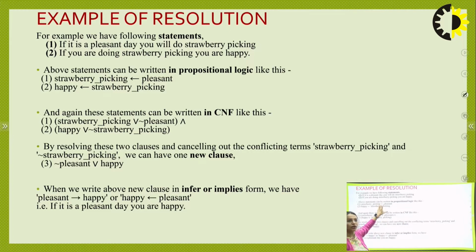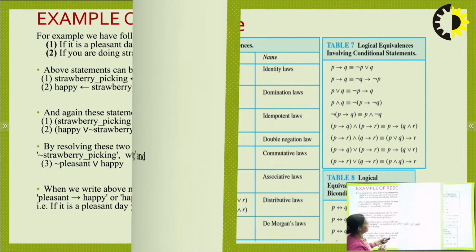Now we have to convert these propositional logic statements into CNF, because I have already told you that a propositional logic statement can consist of these symbols, but if I am talking about CNF, these symbols will be replaced. That means I have to replace this symbol, and this symbol will be replaced by some formula, and that formula is basically like this.